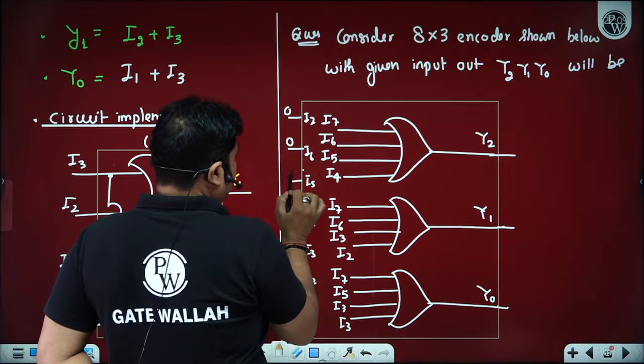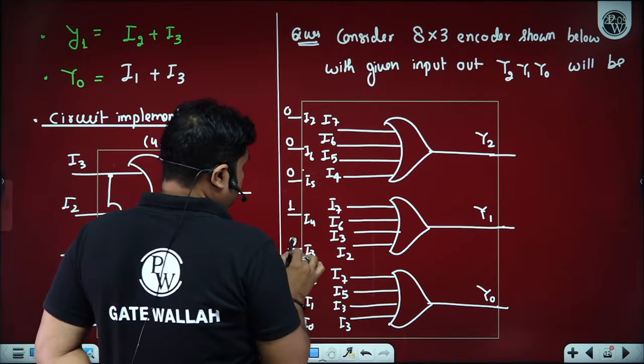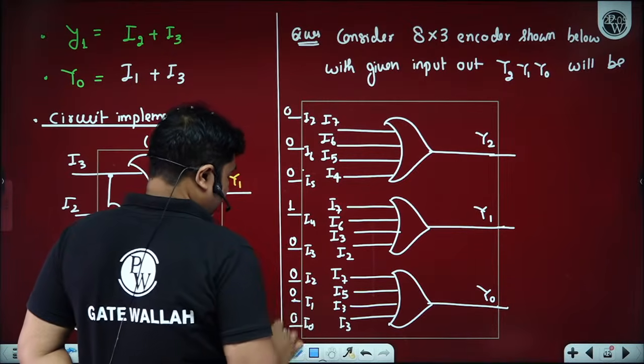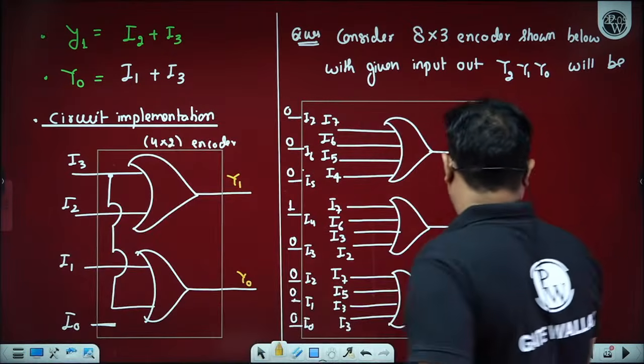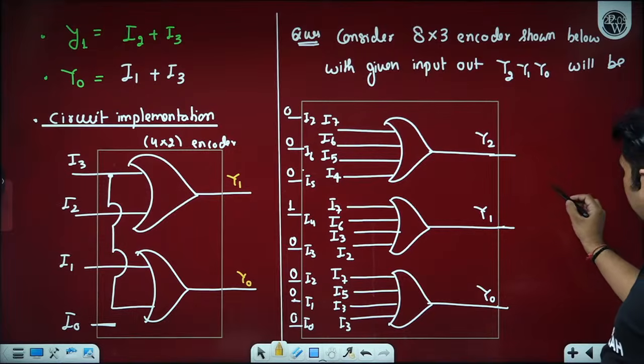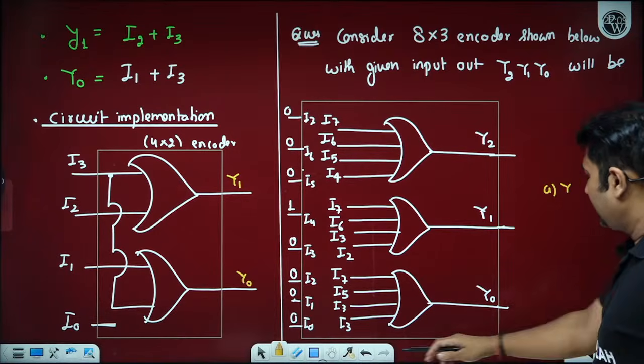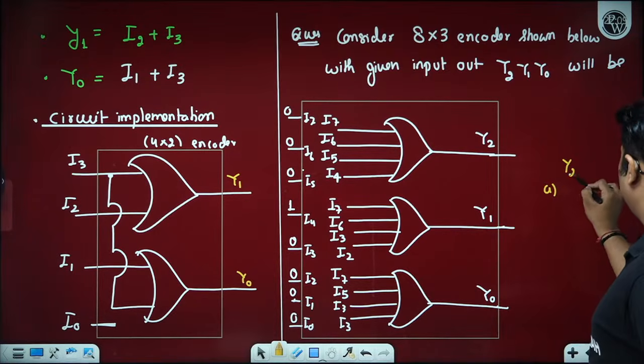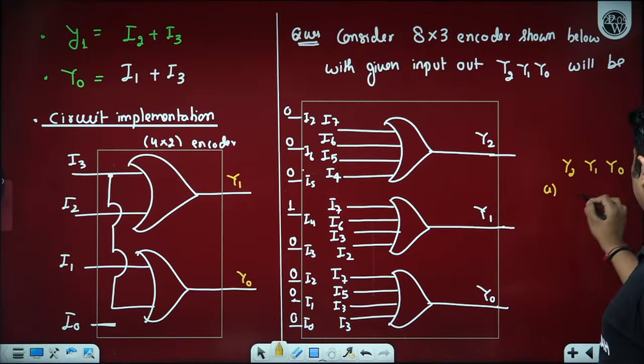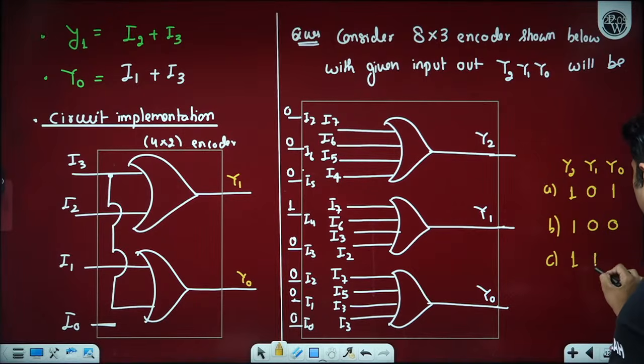We have 0, 0, 0, 0, 1. So can you tell me, beta ji, this octal to binary encoder will have Y2, Y1, Y0 as 101, 100, 110 or 111?